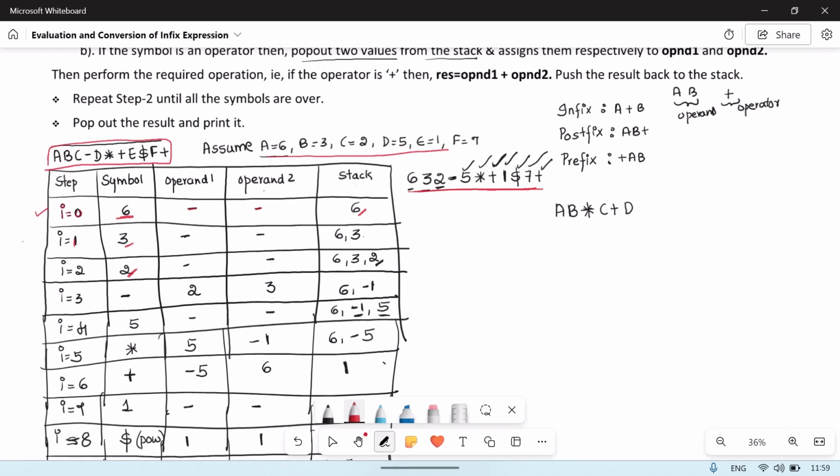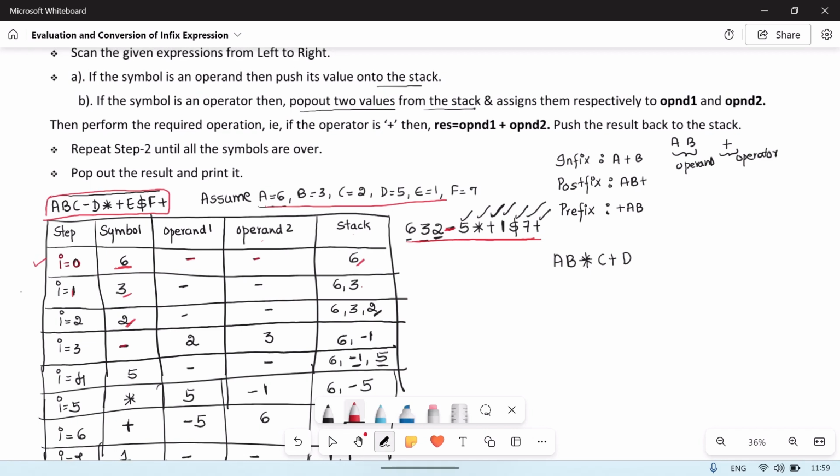Next comes the operator. We have here minus. So I have put minus. Now it says, if the symbol is an operator, then pop out two elements from the stack. Stack follows what principle? Last in, first out, right?